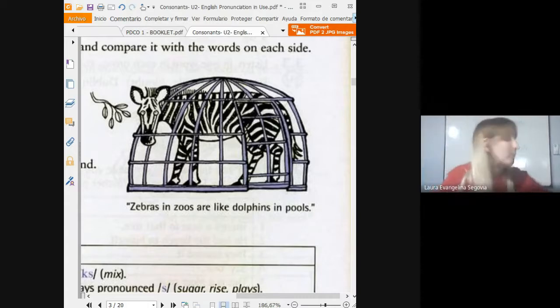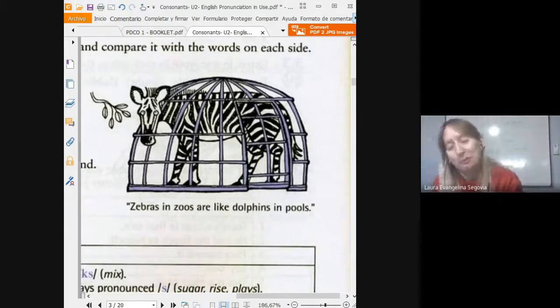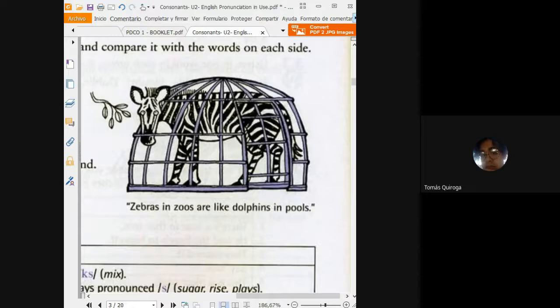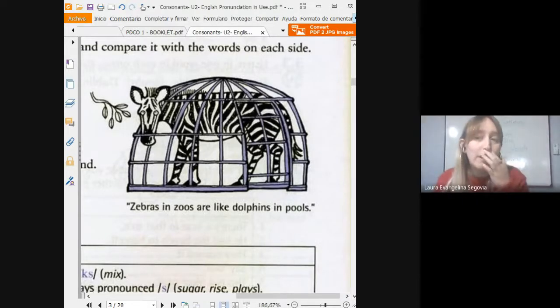Thomas, you're going to be the first one. It's easy to say it at the beginning, but then at the end you kind of lose it. So try to focus on dolphins and pools.